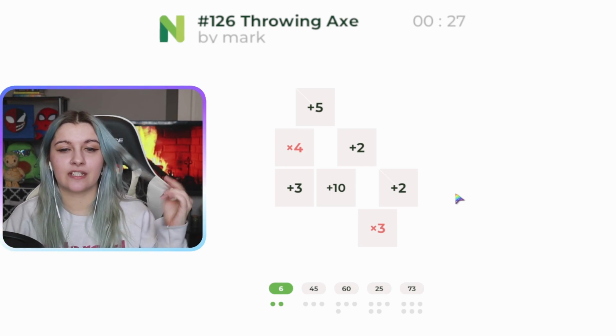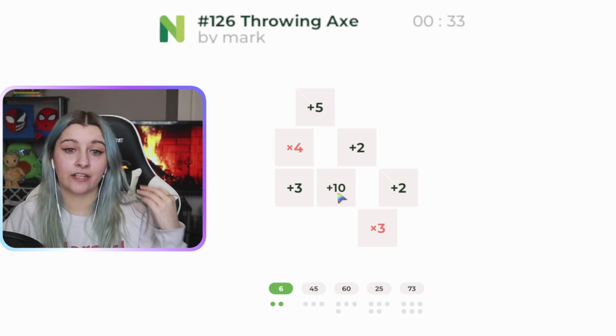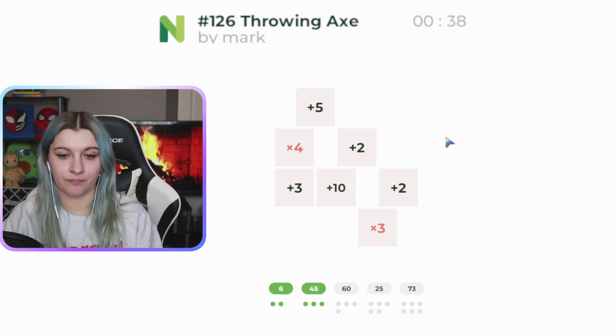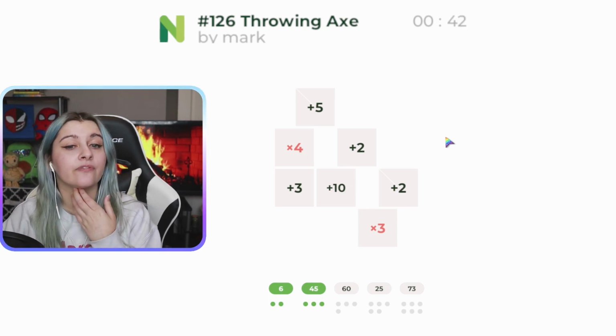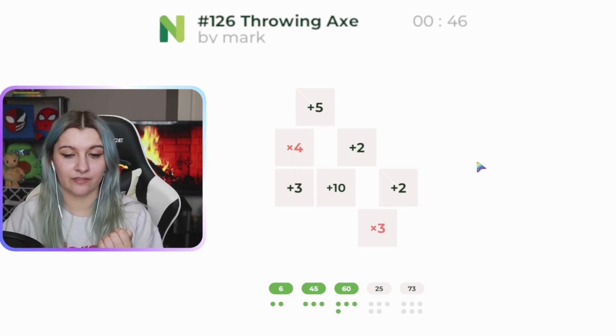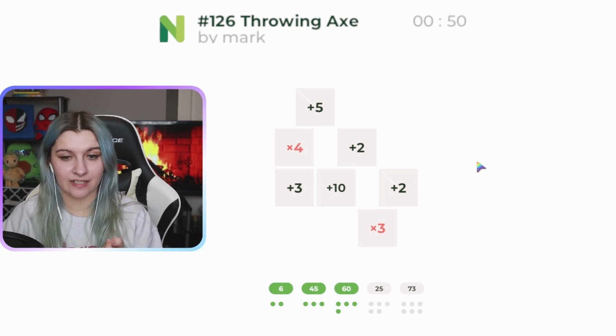45. I could do 15 times 3. That would be an option. Times 4, I could do 10 times 4 plus 5. That works. 60. If I could get like 20 times 3 or 15 times 4. This is 15 times 4. Very nice. 25 is not divisible by 3 or 4, so I'm going to have to add something after.